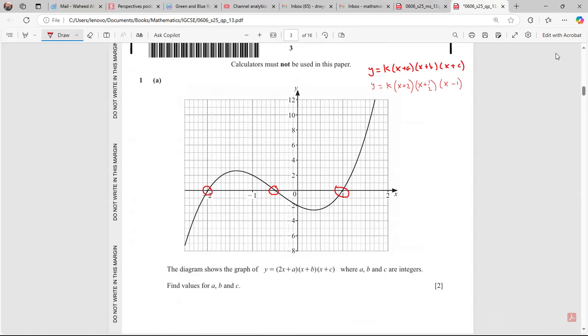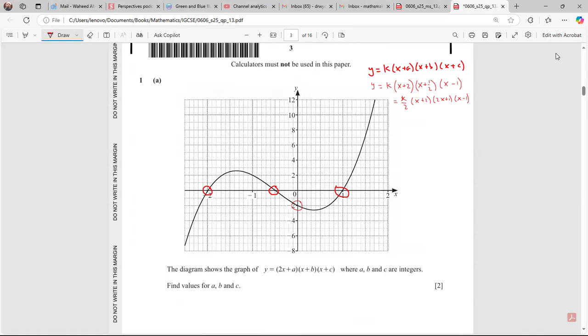Okay, so this can be further simplified. I can say if I multiply by 2, then it will become k by 2, and then x plus 2, and this will become 2x plus 1, and then x minus 1. Okay, now the second information is this one, that when x is 0, the value of y is minus 2.